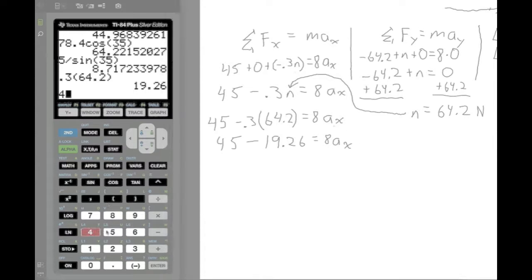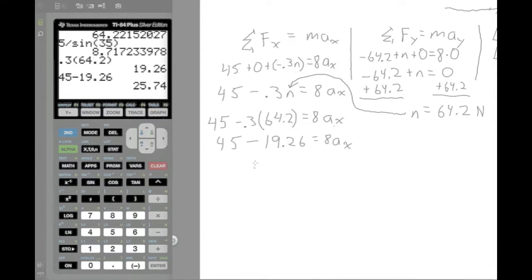So now we can do 45 minus 19.26. So we get 25.74 equals 8ax. This equation should now be easy to solve.